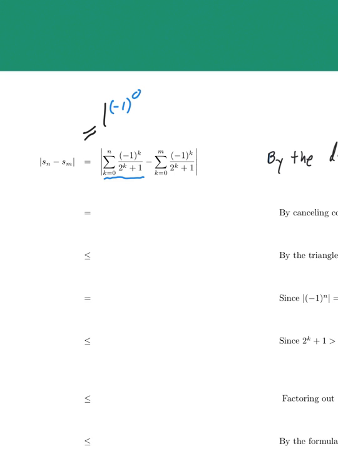-1 to the 0 over 2 to the 0 plus 1 plus ... plus.